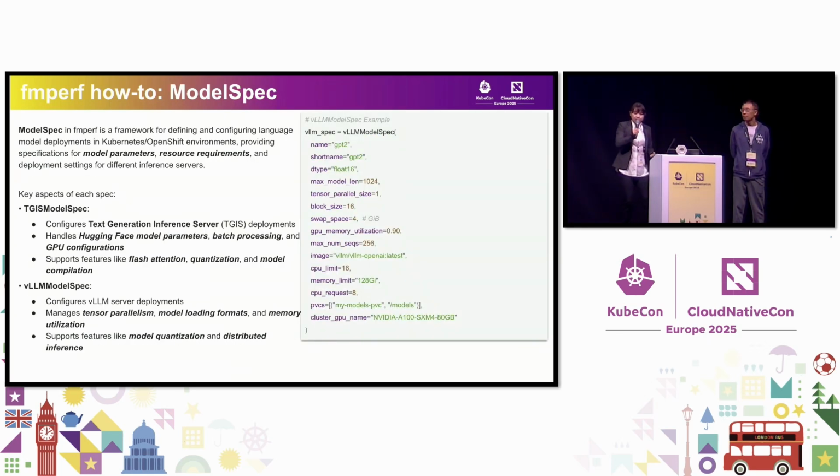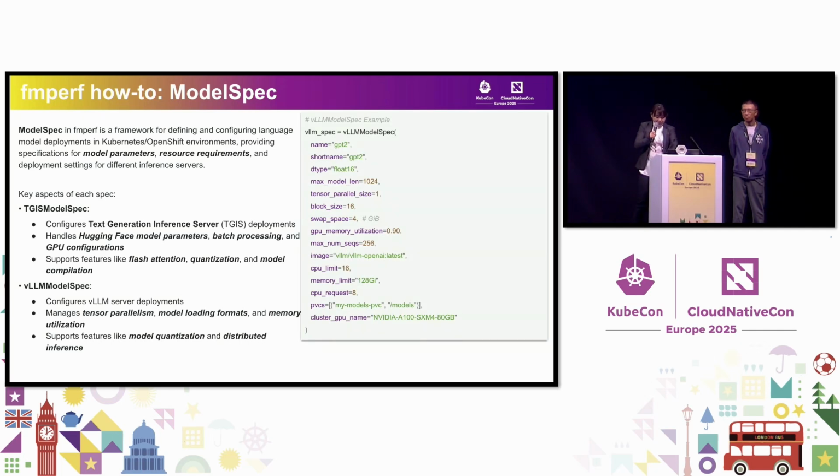So the third one is model spec. Of course, you want to understand which model you want to benchmark, and then some configurations of the models, whether you want to enable, for example, quantization, or some different configurations in model compilation. And we specifically right now support TGS model spec and VLLM model spec because they allow different input argument configurations for the servers.